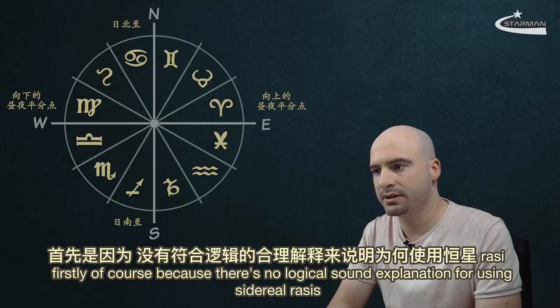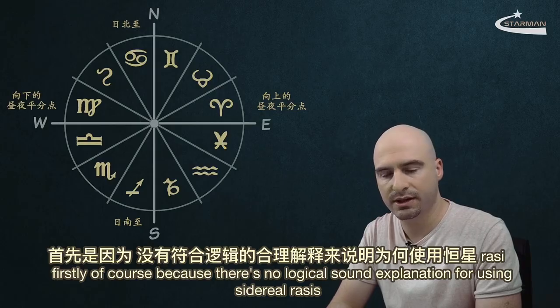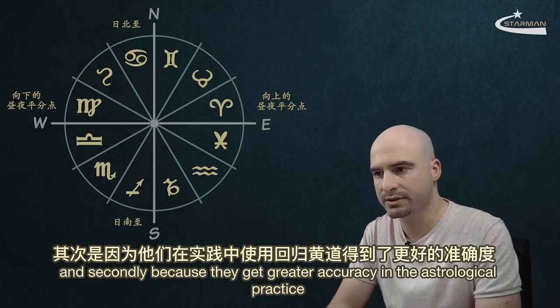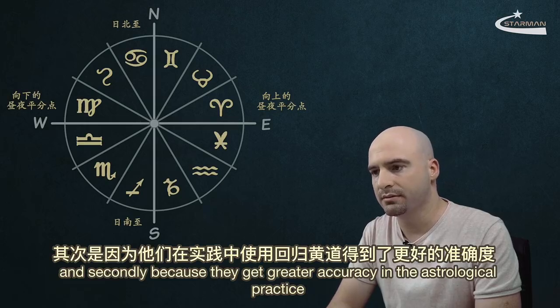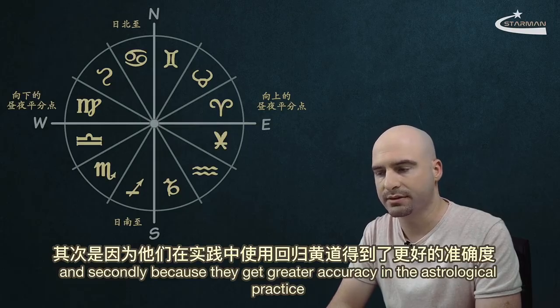Firstly, of course, because there's no logical, sound explanation for using sidereal rashis, and secondly, because they get greater accuracy in their astrological practice. Okay.